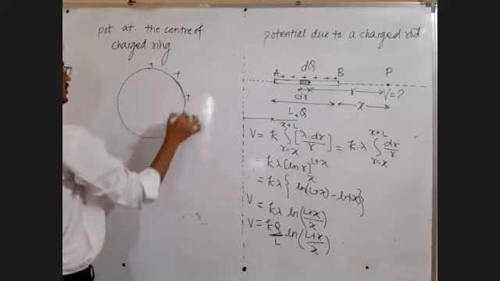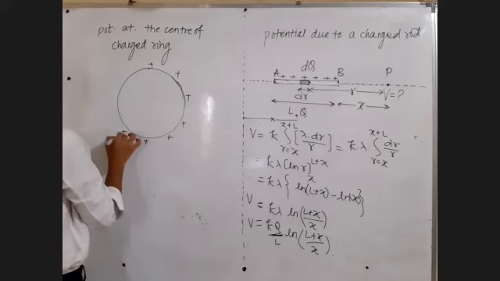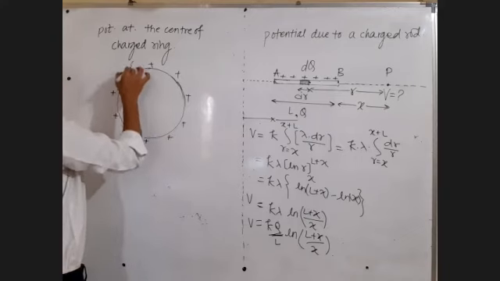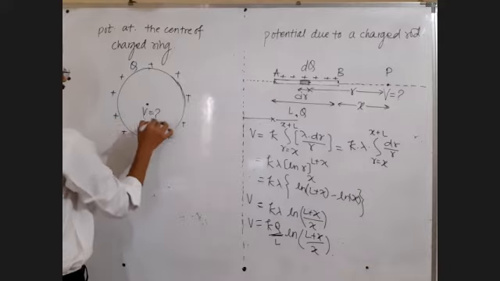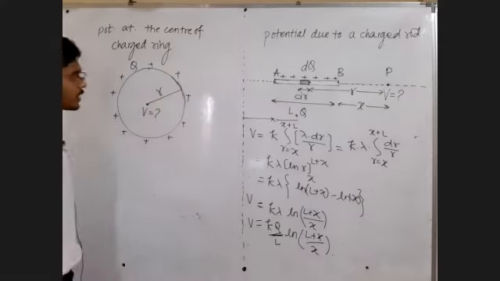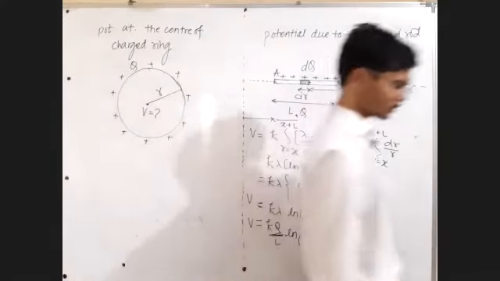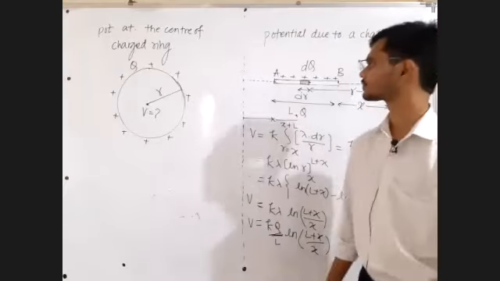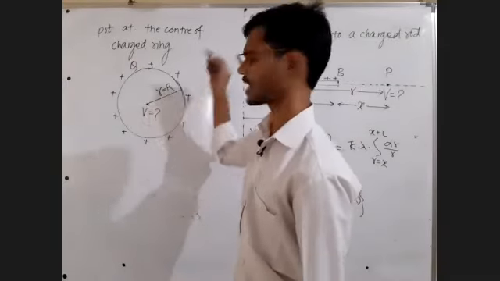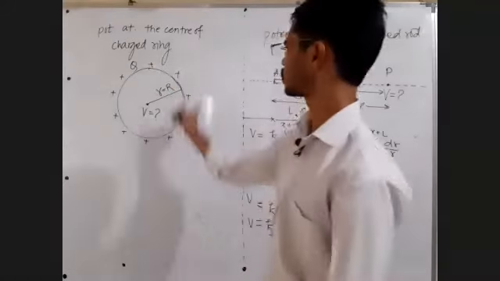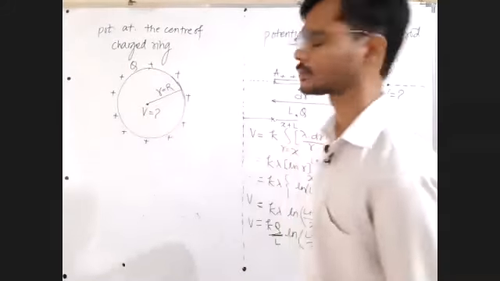This ring has a charge equal to capital Q. At the center, what is the potential? The radius of the ring is R. Try to do it. You may take this radius as capital R if you want. Total charge on the ring is capital Q.